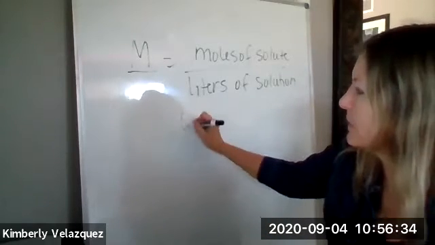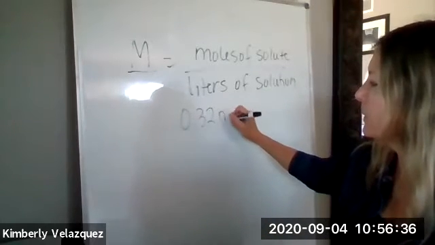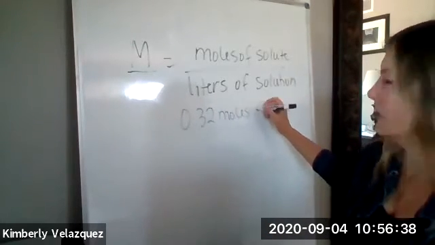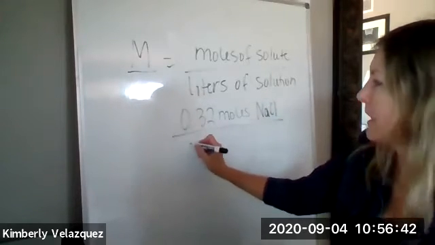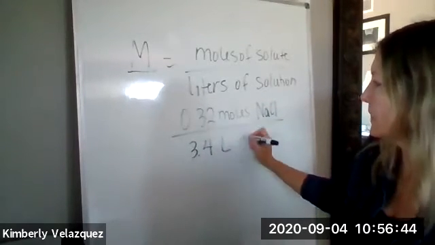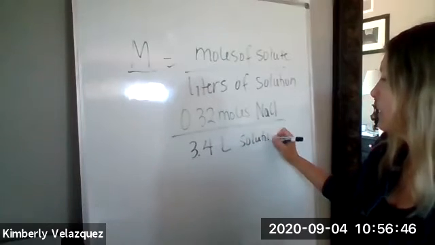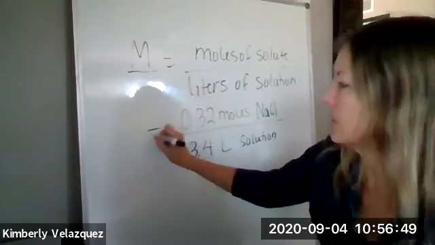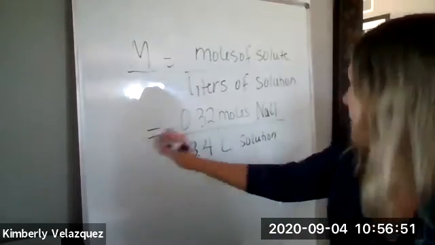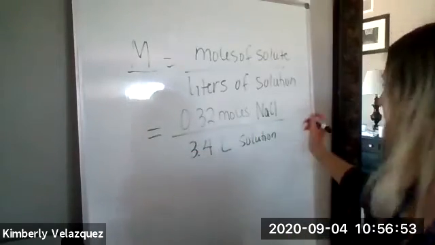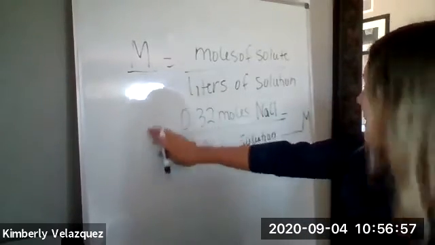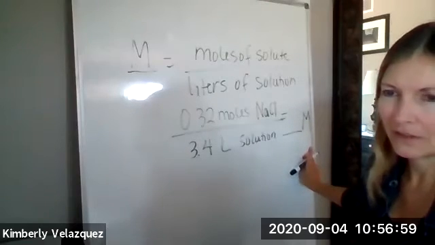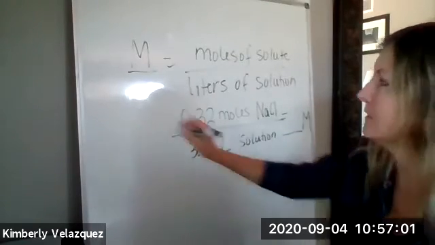It's 0.32 moles of sodium chloride divided by 3.4 liters of solution. And that will give you your molarity. I'm writing it backwards because I didn't know if I could fit it over here. So you'll just do that division problem and that will give you your molarity for number 5.